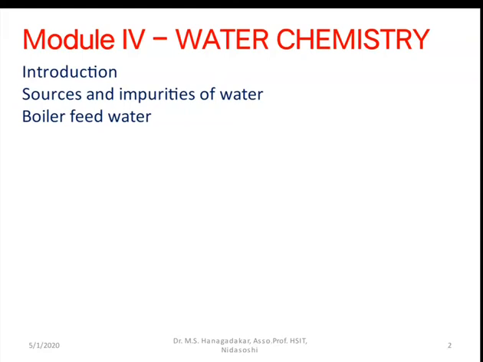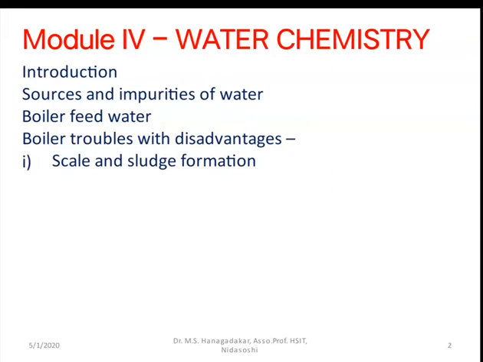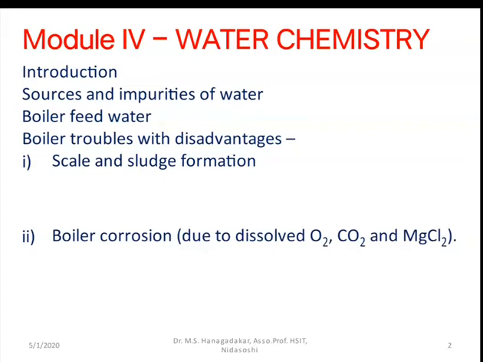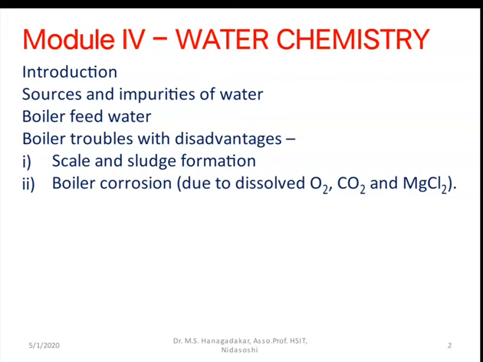What is meant by boiler feed water and its problems. Boiler troubles with disadvantages. You will come to know two important boiler troubles: scale and sludge formation, and boiler corrosion due to dissolved oxygen, carbon dioxide and magnesium chloride.